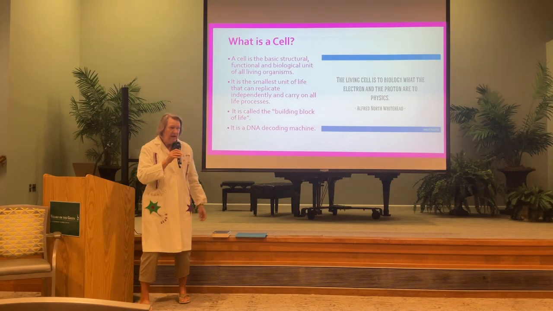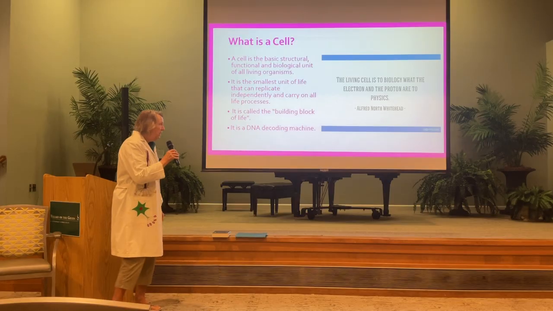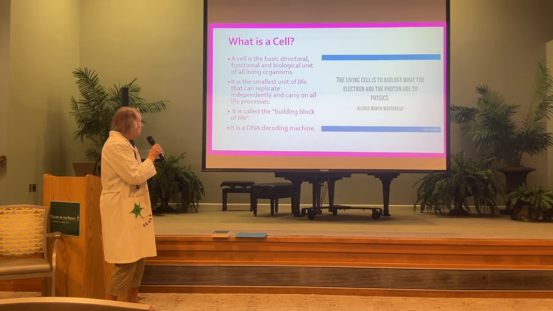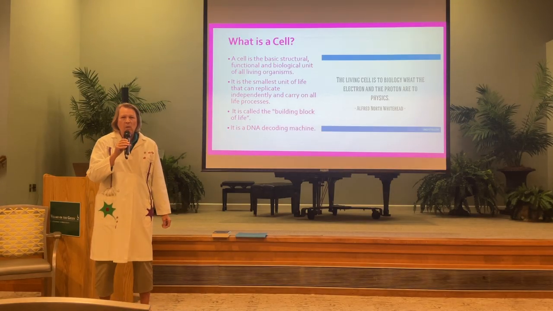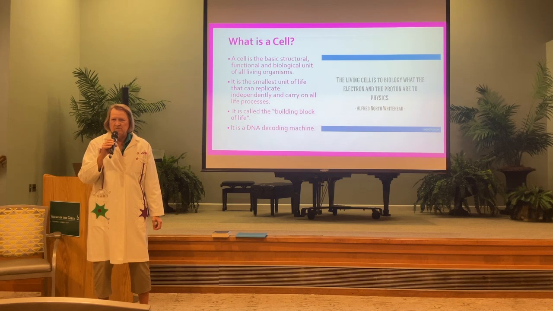So what is a cell? Well, it's the basic structural, functional, and biological unit of all living organisms. That's mostly true. Where that definition falls apart is when we talk about viruses.